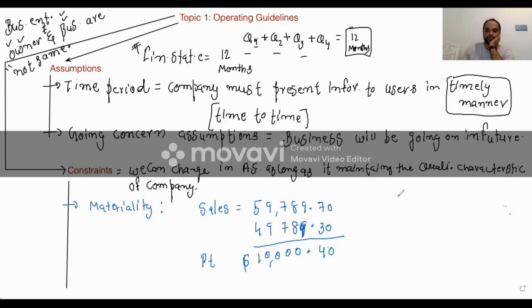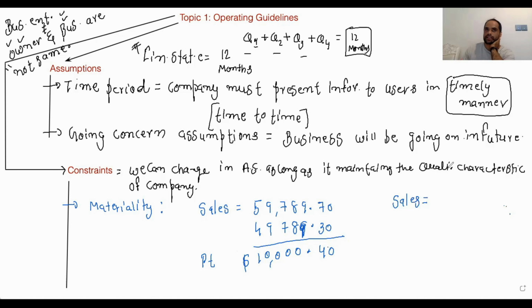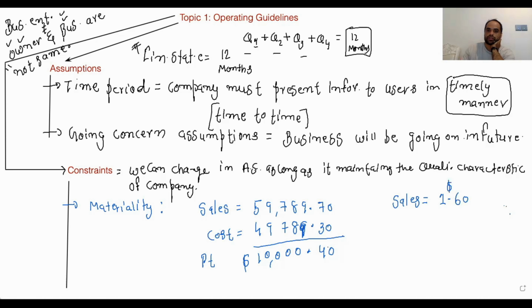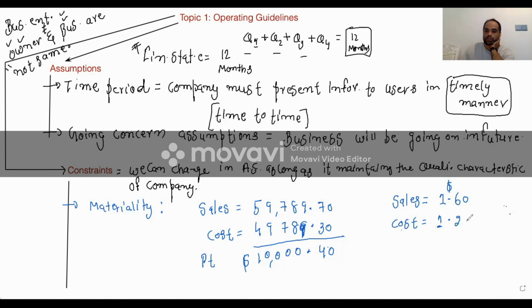Another example. Let's say your sales per unit is $1.60, right? And the cost is, for example, $1.20.